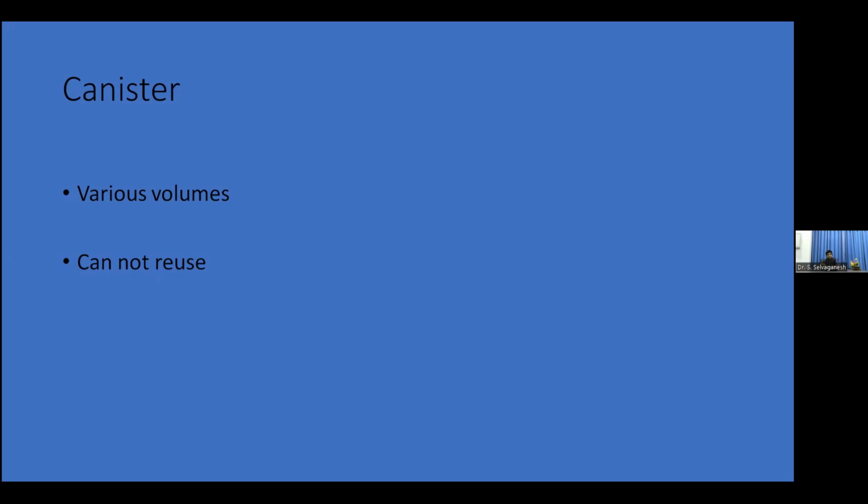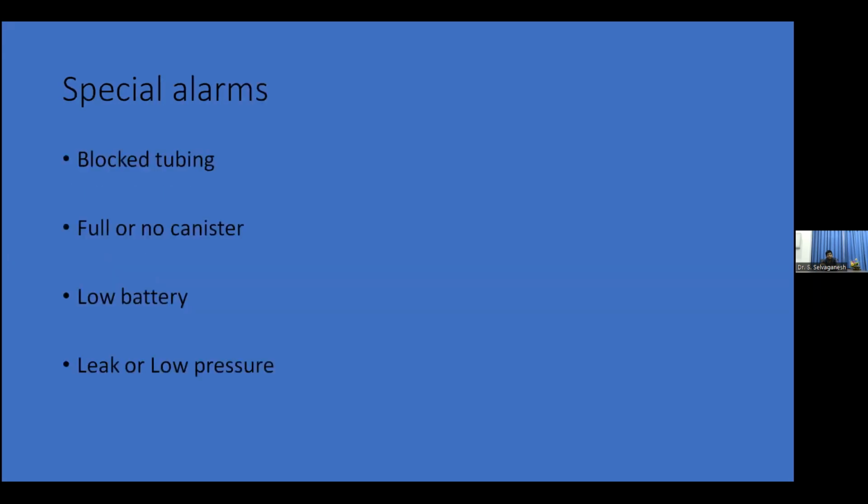Once the canister is filled, we have to change it to continue the vacuum. The machine has special alarms: when the tube is blocked you get an alarm, if the canister is full you get an alarm, and if the battery is low, or there is a leak or low pressure, you get various alarms. So it's very easy, and you can sort out the problem if there is any.